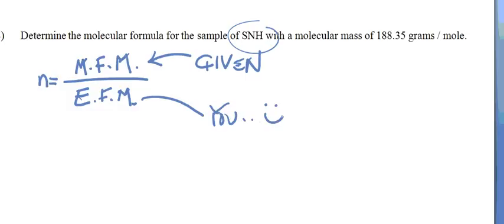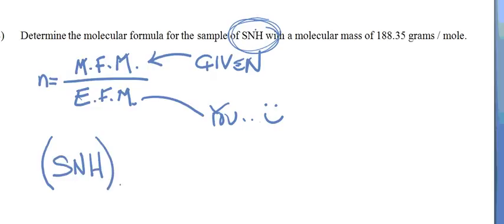The molecular formula mass over the empirical formula mass is my multiplier. You are given the empirical formula, which is SNH. Now you get to find out what the multiplier is.